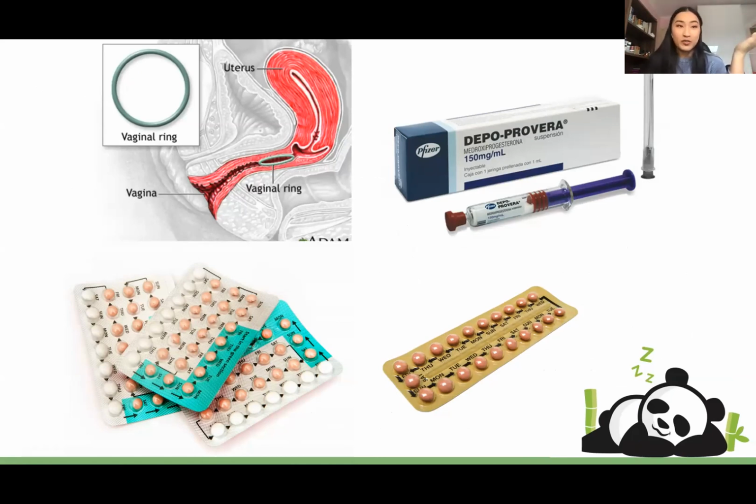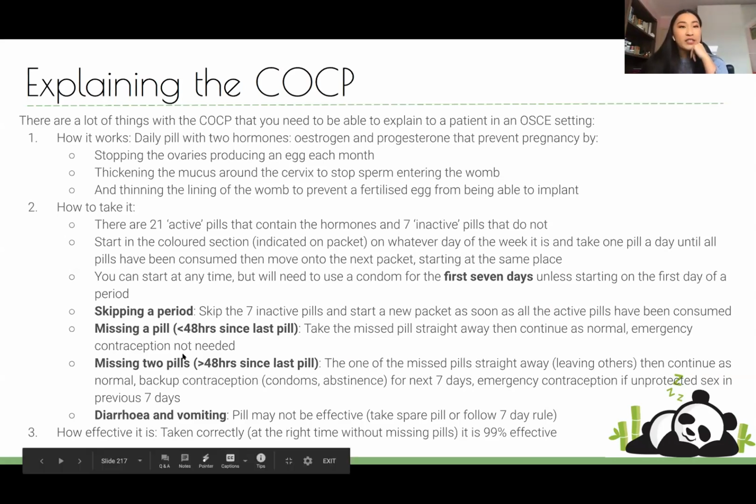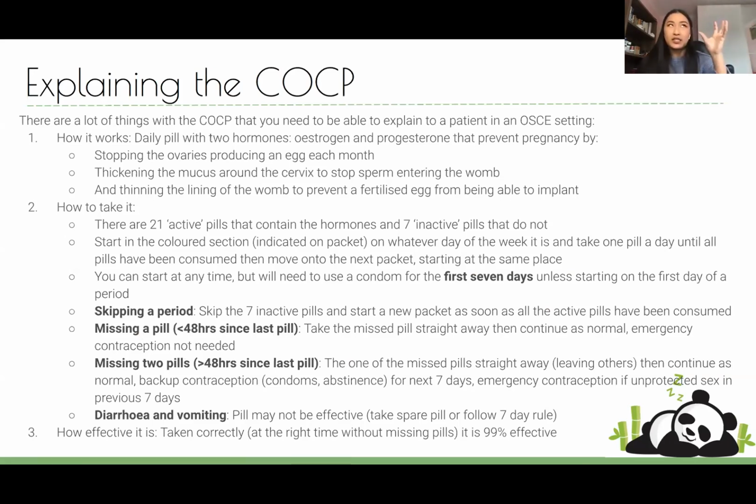Should be very straightforward. The issue is that people forget. And when people forget, you've got to think about how much they've forgotten. So if they've just missed 1 pill, which confusingly means it's been less than 48 hours since their last pill, they just take the missed pill straight away, continue as normal, and they're still protected.